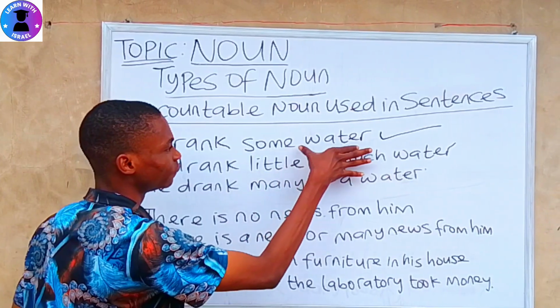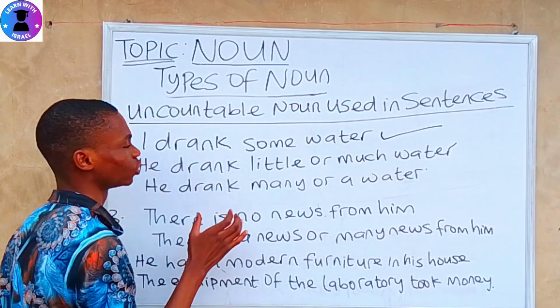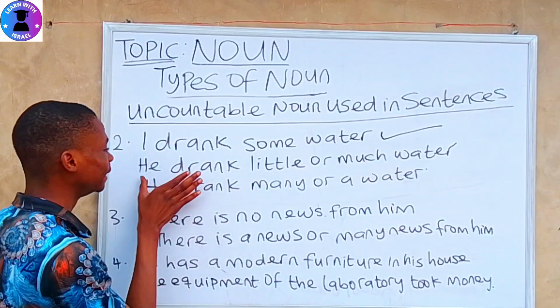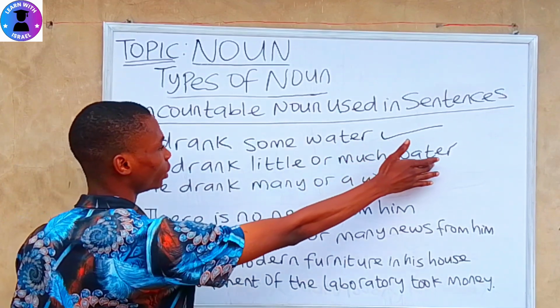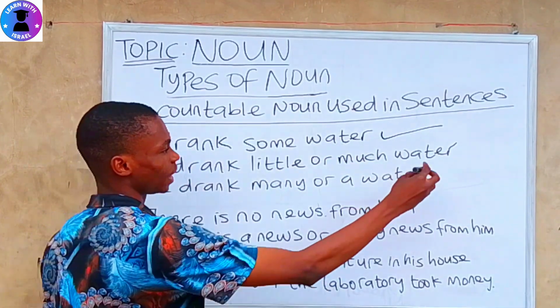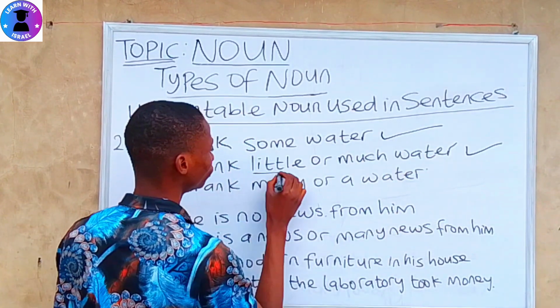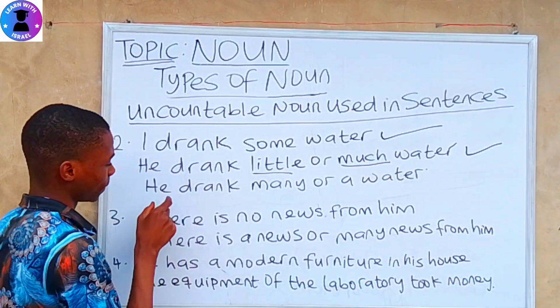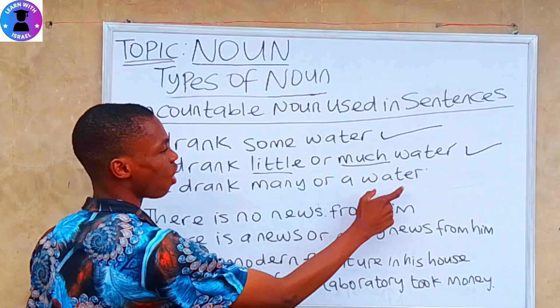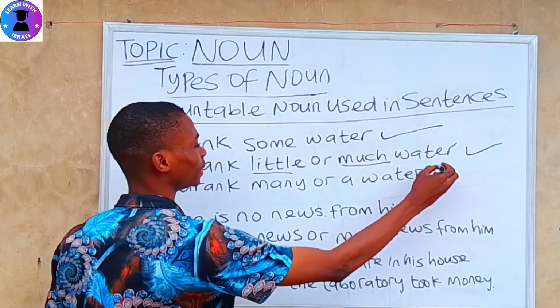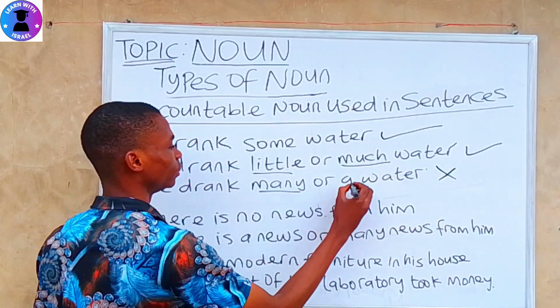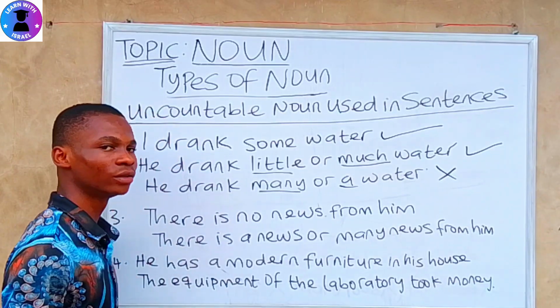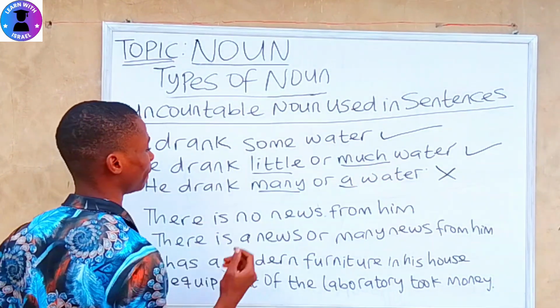Some fits well with water. He drank little or much water. Yes, that's also correct. Little or much is correct with water. The third one, he drank many or a water. That's very wrong. Many or a is very wrong to use with water.